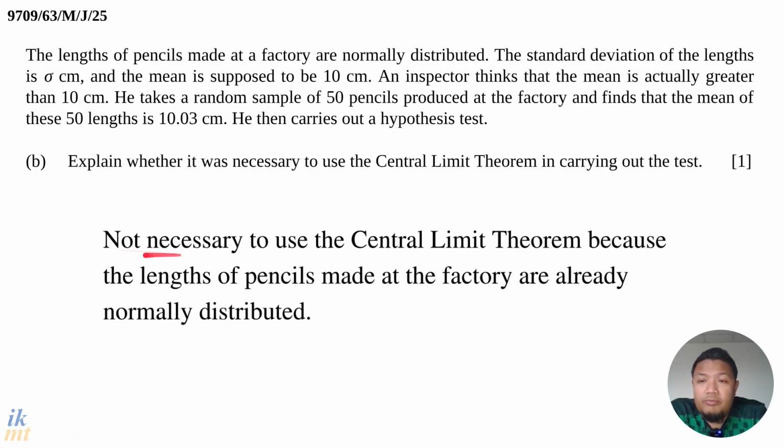Okay, so make sure that you look for the keyword. If it says explain, that means some more stuff is needed rather than just a yes or no answer. So in this case, you do need to explain that the central limit theorem is not used because the lengths of the pencils made at the factory are already normally distributed. And if you answer this way, you have done a good job.